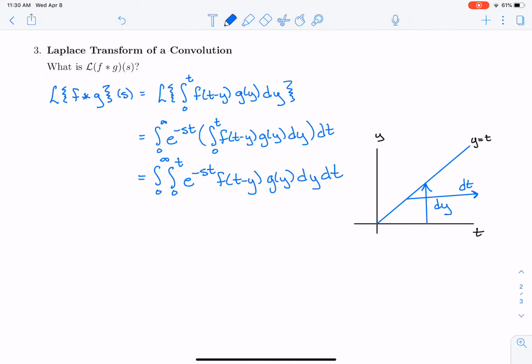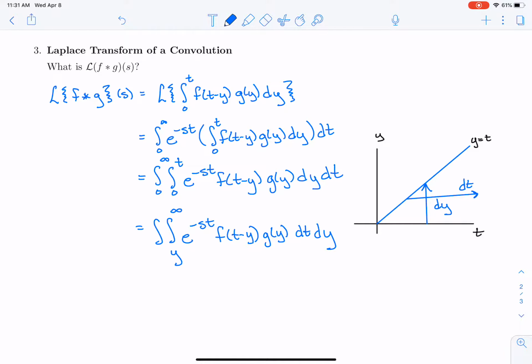Okay. So if I want to switch the order of integration, I'm going to do a double integral of e to the minus st, f of t minus y times g of y. Now I want to go dt dy. Then if I'm doing dt first, the integral is going to go from y to infinity.